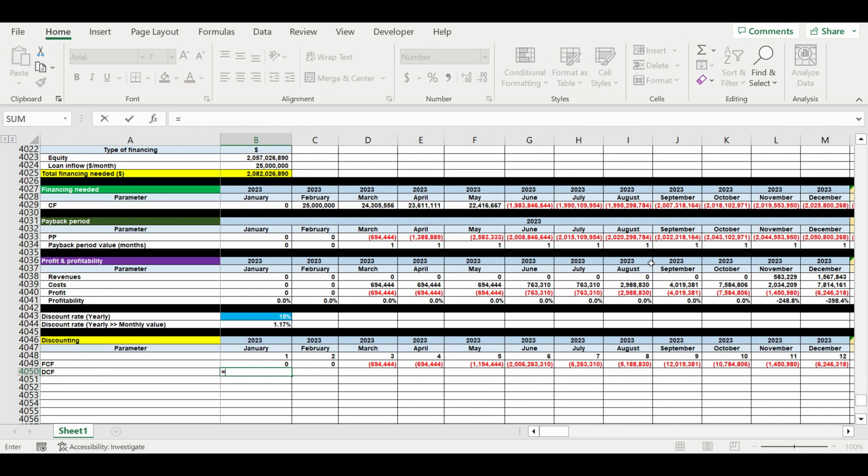I will take this value divided by 1 plus the monthly discount rate, then I will do like this and put this value here. Then I press enter, and then I will extrapolate this formula to the right.